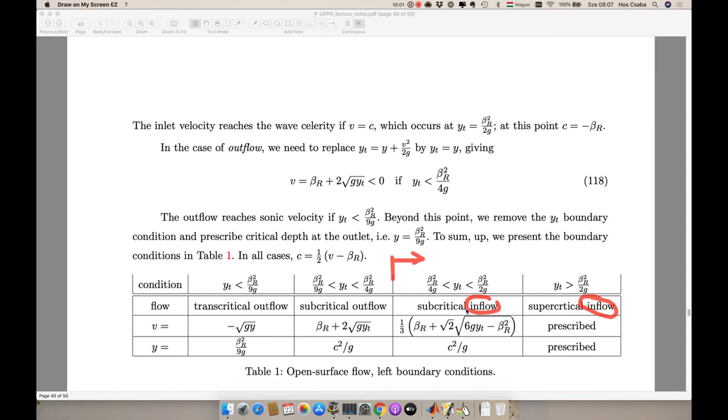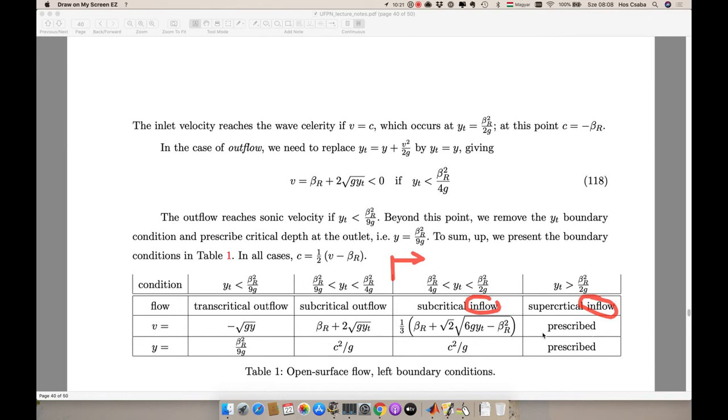So inflow which does not reach the wave celerity, and this will be your velocity. This will be your water depth, and C is always computed from the beta value, the characteristic equation. And if you reach, for the inflow, the wave celerity, then you have to prescribe both quantities.